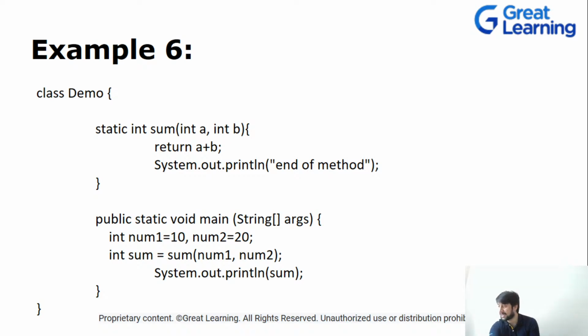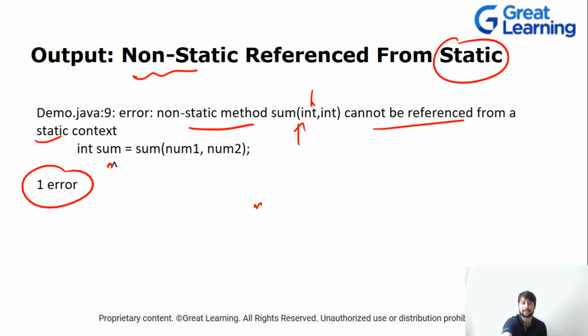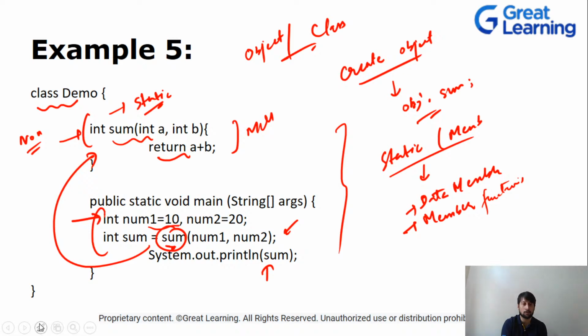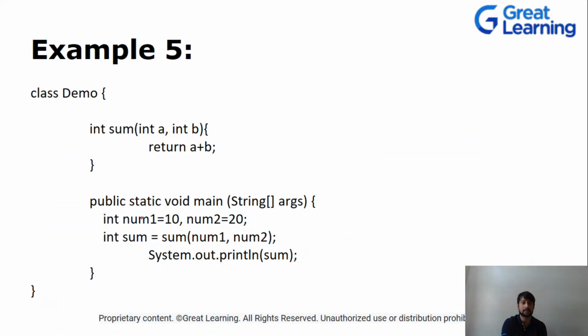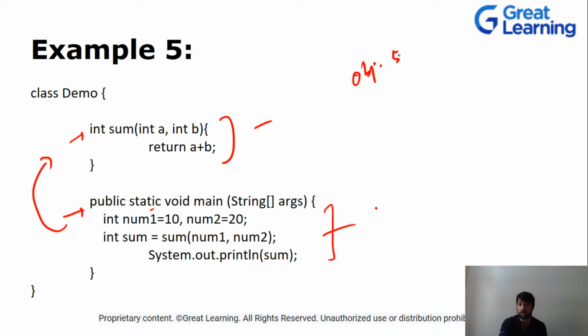Ayushi Gupta says please explain again. So Ayushi, what is happening over here? This is a method which is static. We cannot call a non-static method directly from a static method. If this sum method were static, you could directly call it. If it is not static, we need to create an object and then call sum.